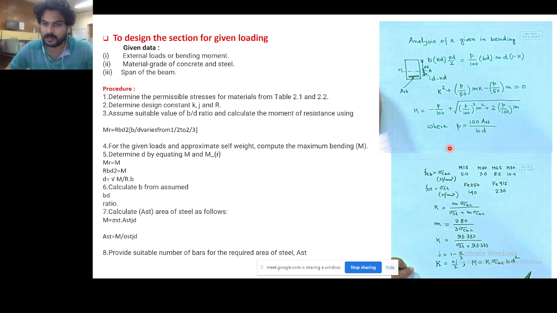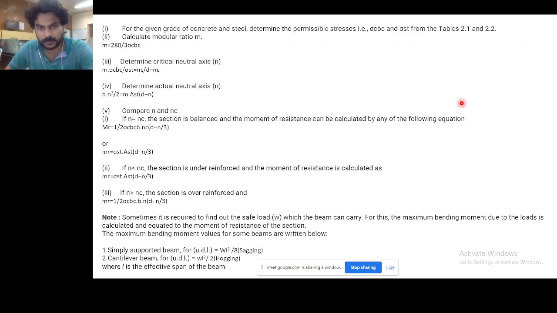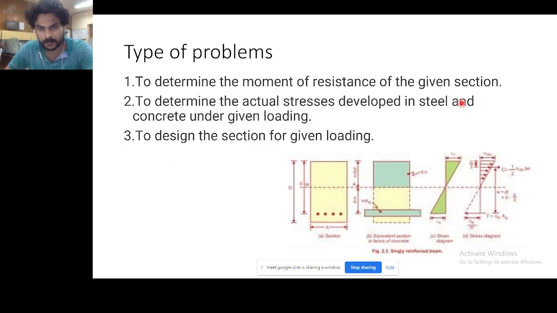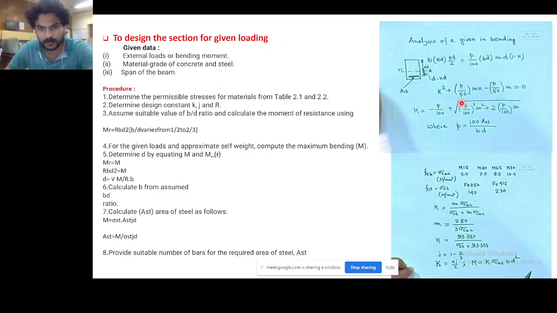R also we discussed, R is the factor, the coefficient to multiply to get the moment of resistance.